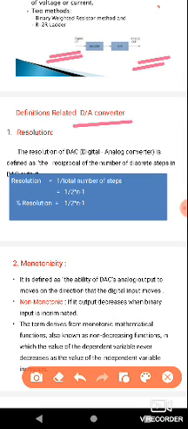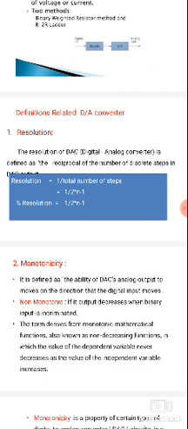The first definition of the digital to analog converter is resolution. The resolution of a digital to analog converter is defined as the reciprocal of the number of discrete steps in the DAC output.